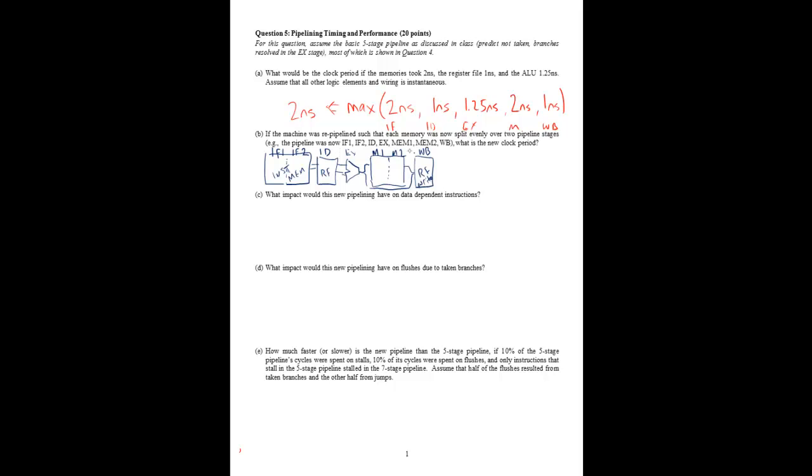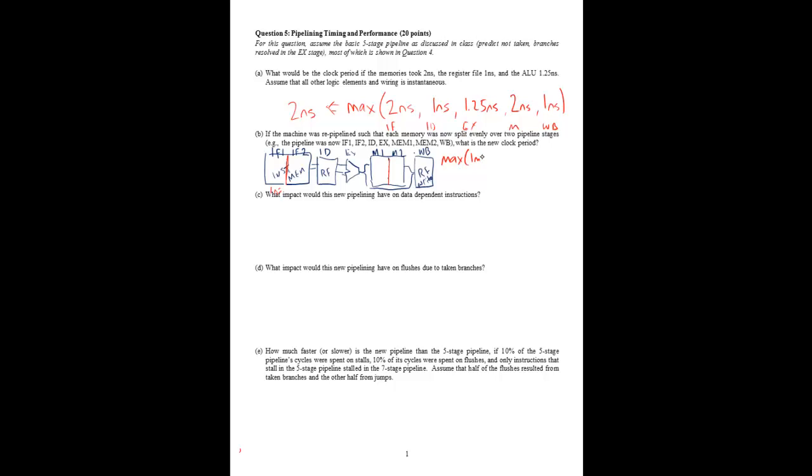In part B, it said, what if we split those memories, because they're so slow, into 2 pieces? And we balanced it evenly so that each of those stages was half of the time to access the memory. And so as a result, each of these pieces would be taking 1 nanosecond. So that changes our equation above.